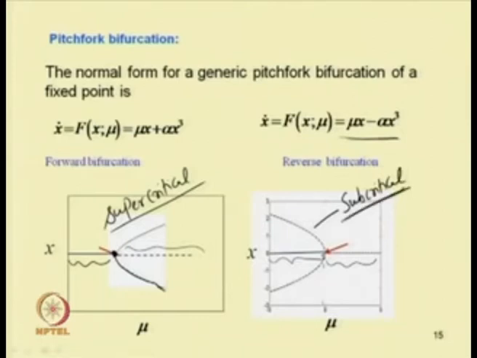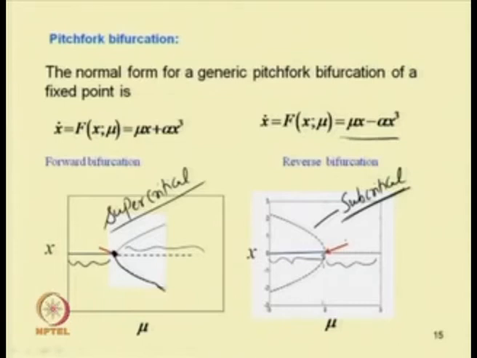In case of supercritical, from a stable branch it has gone to a stable branch, but in case of subcritical, after the stable branch, as there is no presence of a stable branch, the system will land in a catastrophic failure. The system response may grow and the system may become unstable.